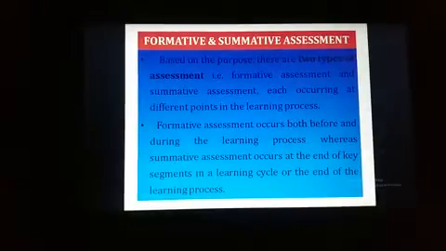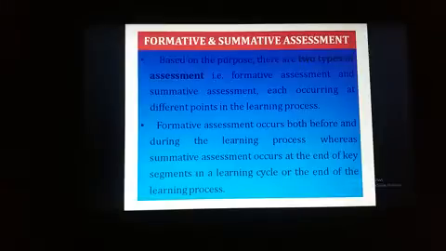Let's have a discussion on formative and summative assessment. Based on purpose, these two types of assessment occur at different points of the learning process.